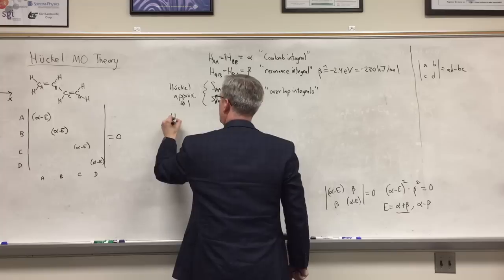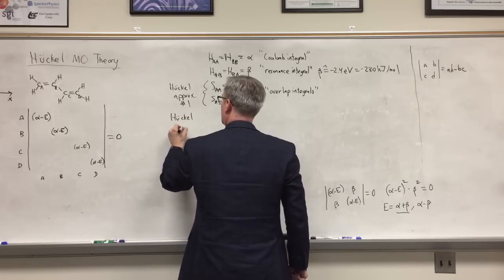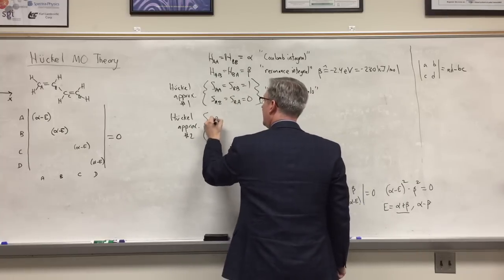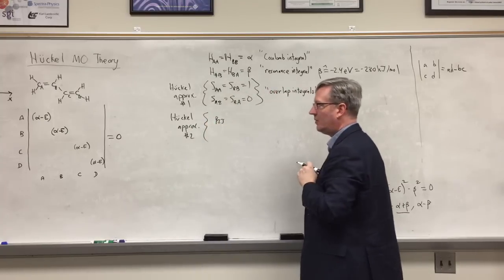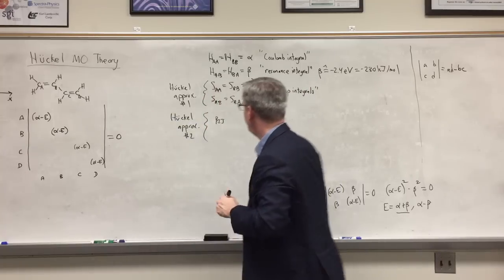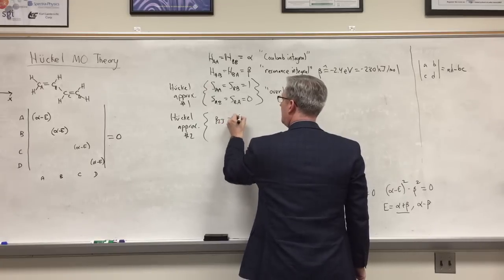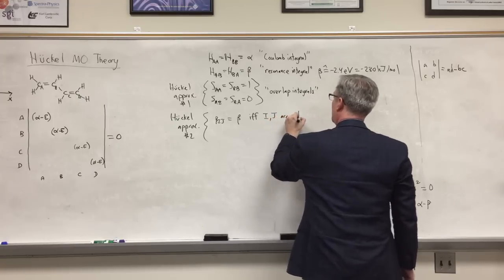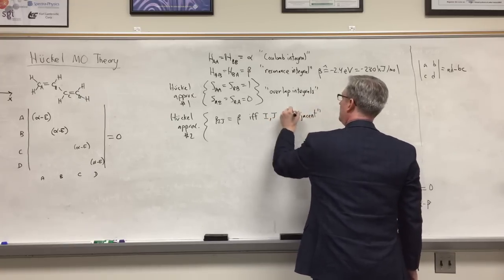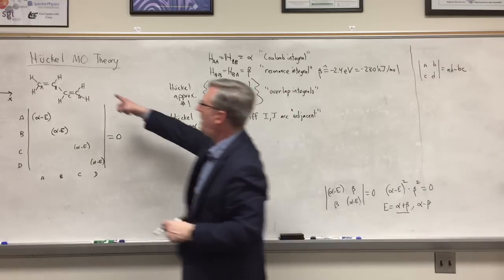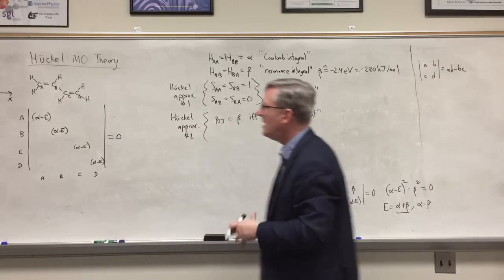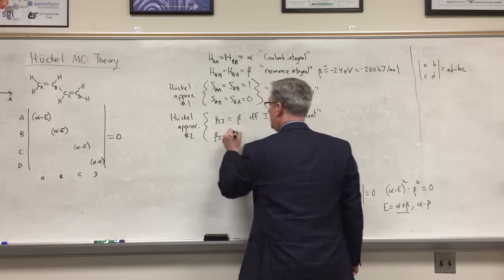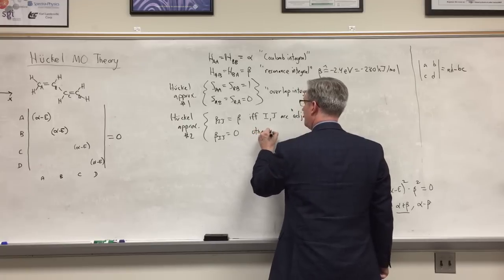Huckel Approximation number 2 is that beta ij, where i and j are A, B, C, or D, is equal to just beta if and only if i and j are adjacent to each other. Side by side, right? If I've drawn a bond in my Lewis structure, I'm going to call that adjacent, no matter whether it's a single or double bond. But beta ij is going to be 0 otherwise.